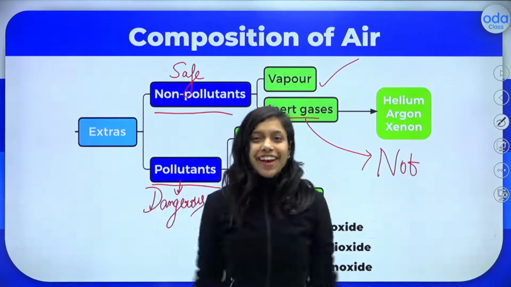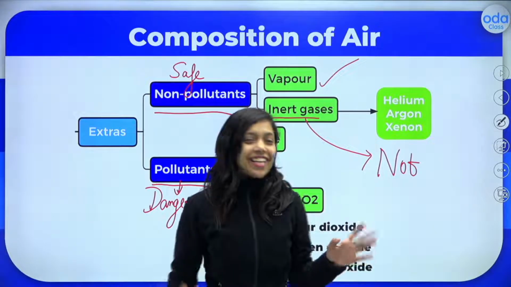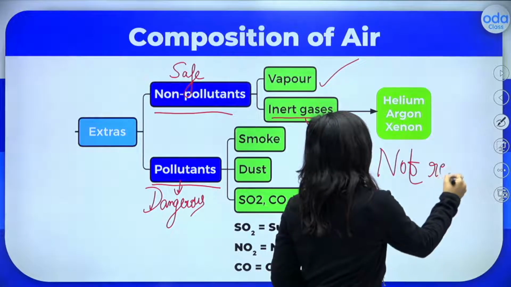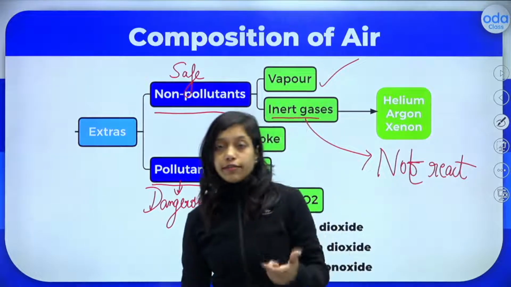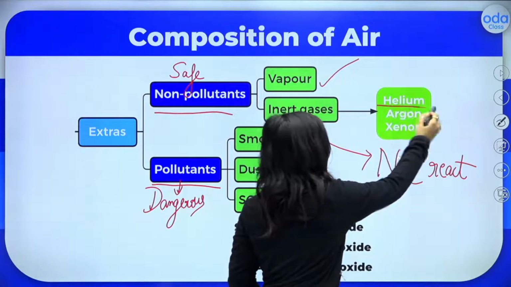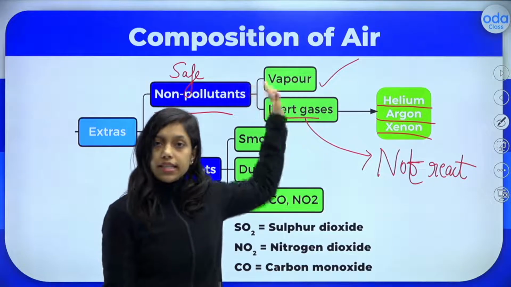Whatever might happen around their surrounding, they're like, no, I don't care, right? They're just inert gases. They will not react at all. So they are not harmful for us because they are not reacting with any other gases, right? So helium, argon, and xenon are the inert gases which are present in the air.